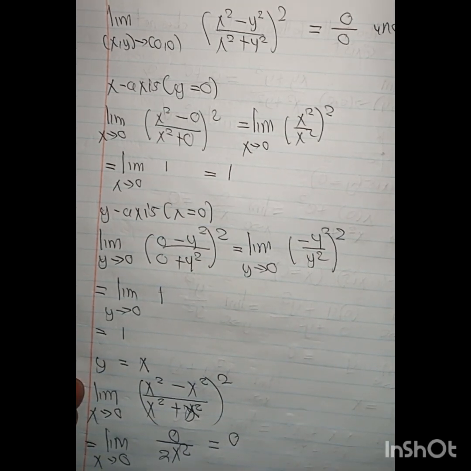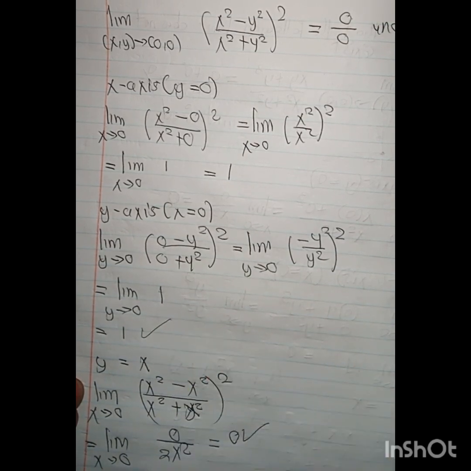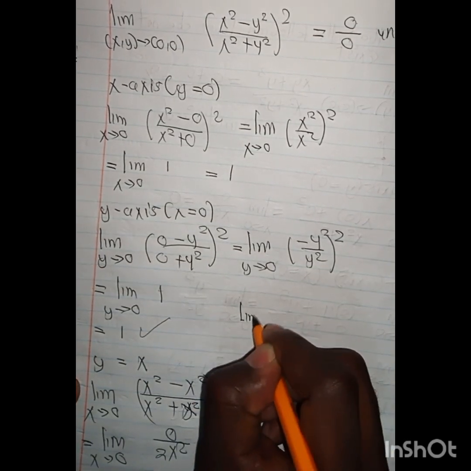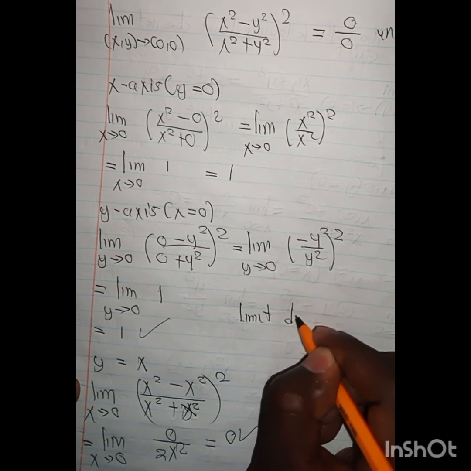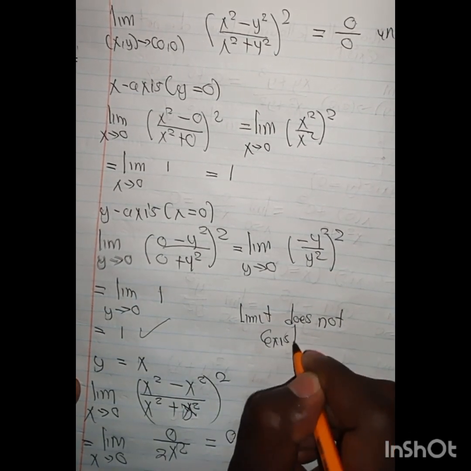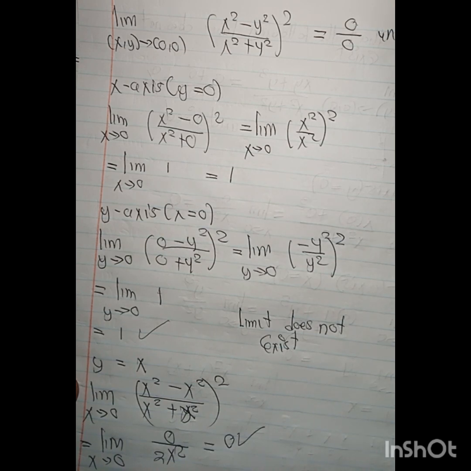As you can see, this line is not the same as this line, so we can conclude by saying that the limit does not exist. So we have shown. This was all for this video, and thank you for watching.